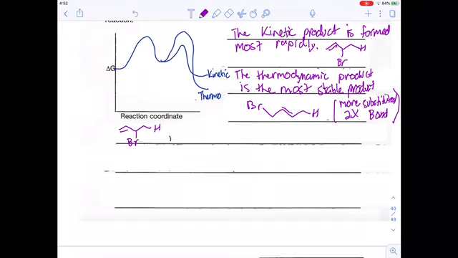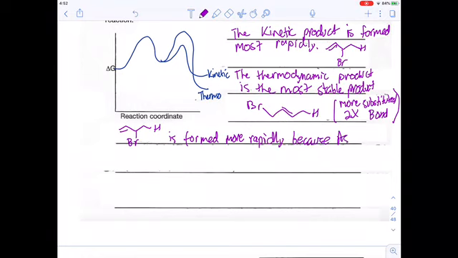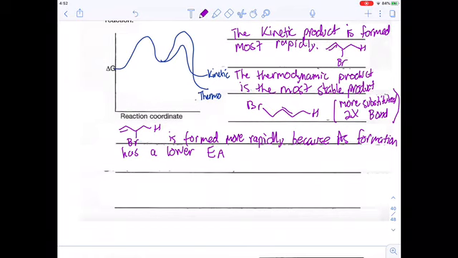Moving on, he says that the kinetic product, or this product from before, is formed more rapidly because its formation has a lower activation energy, or energy of activation, I'm just going to abbreviate it as EA.